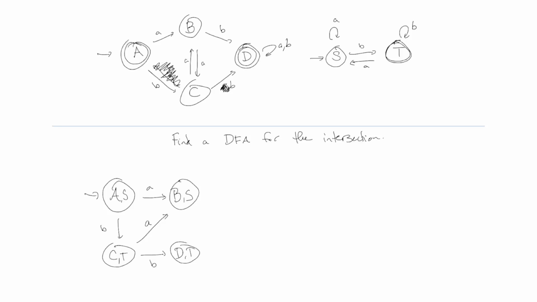Although, I don't know if you trust me. I don't know if I trust me. What I had on my paper, I only ended up using 6 states. If you find yourself using more than 6, you may have messed it up. Maybe you drew the same state twice. Or maybe I messed it up.